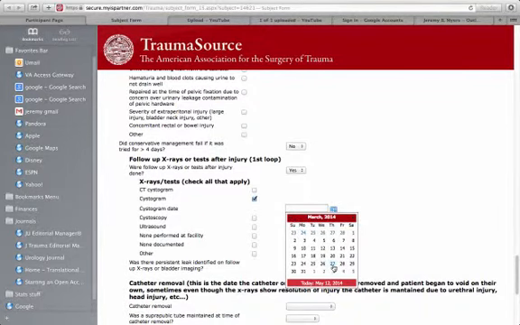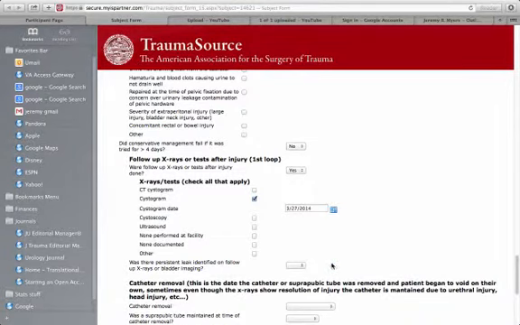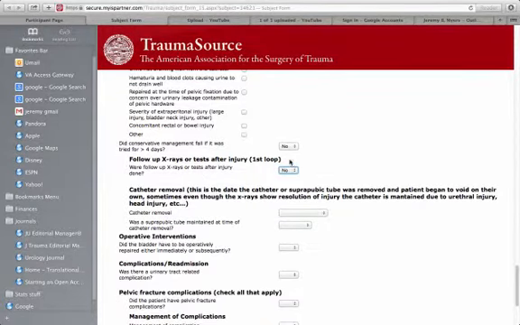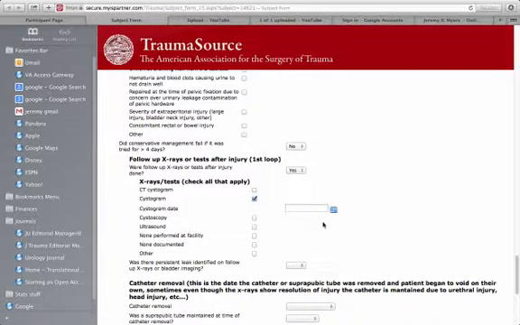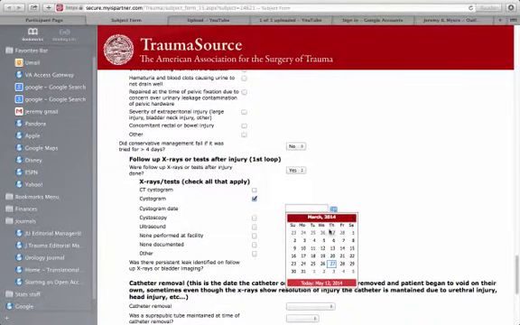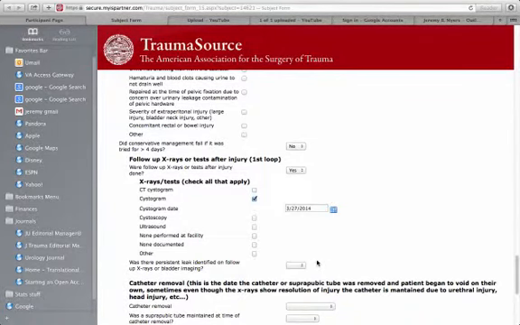So we'll say this was done March 27th, a few weeks later during follow-up. Was there persistent leak identified on follow-up x-rays or bladder imaging? So we'll go back now and say yes, as we had said prior. The patient had a cystogram, the date, March 27th, and was there persistent leak?